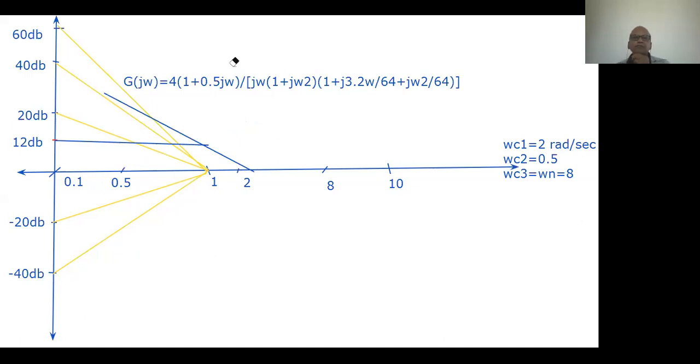This is the first. And then there is 1 upon 0.5, equal to 2. Here again draw a line with a slope equal to minus 20 dB per decade. Corner frequency is equal to 2.